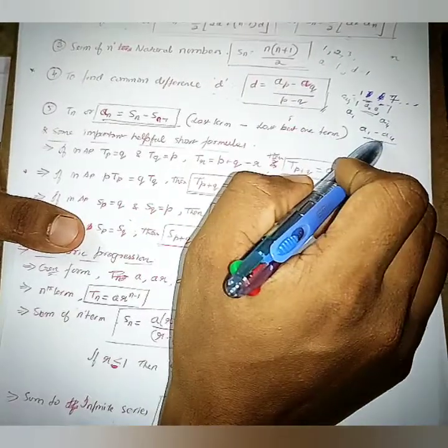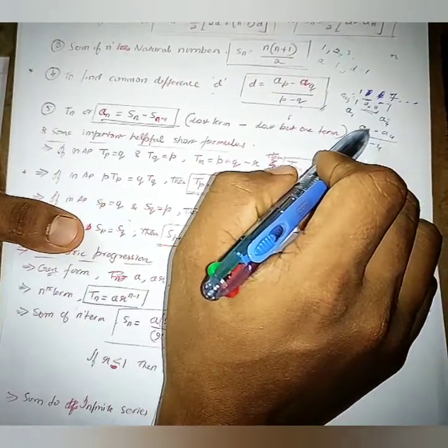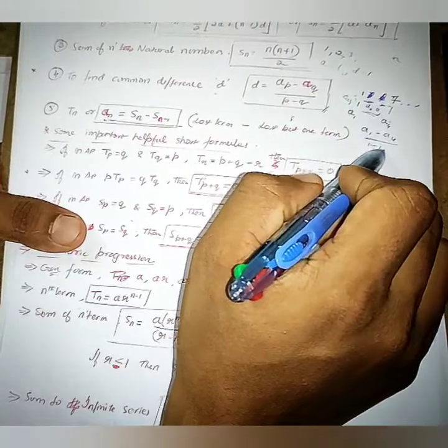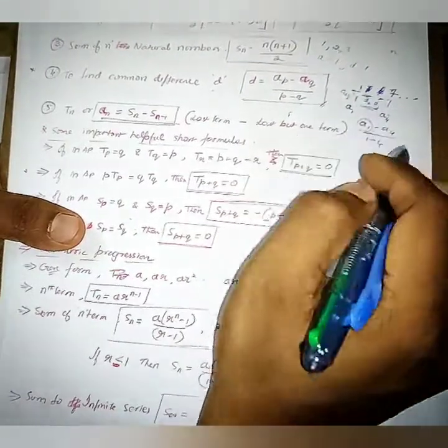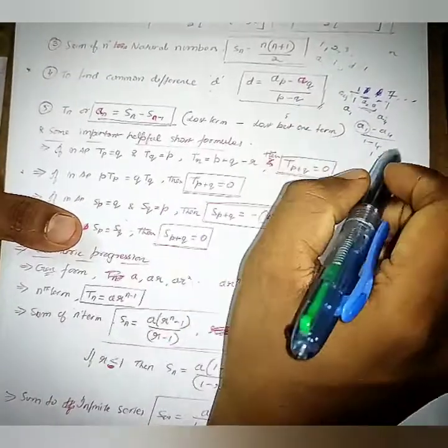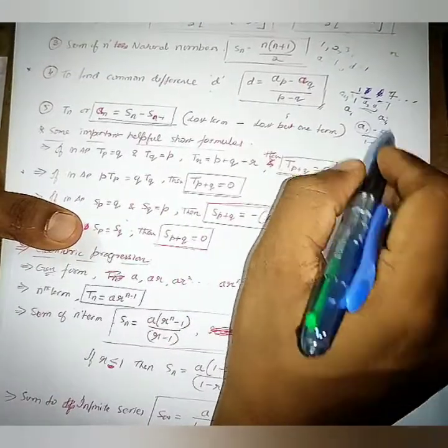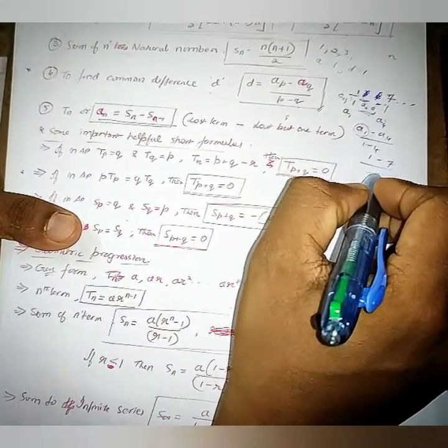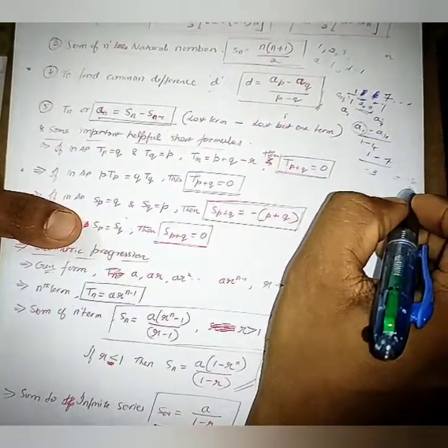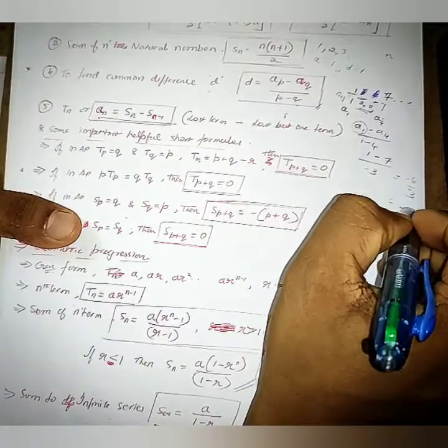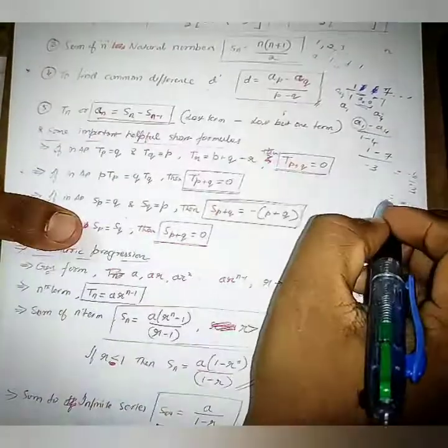Since here in this example I have taken the fourth term, it is going to be (A1 minus A4) divided by (1 minus 4). So A1 here is nothing but 1 according to the AP given. 1 minus 7, A4 is 7, then 1 minus 4 is minus 3. So this is going to be minus 6 by minus 3. The answer is 2. This is my common difference that I am talking about.